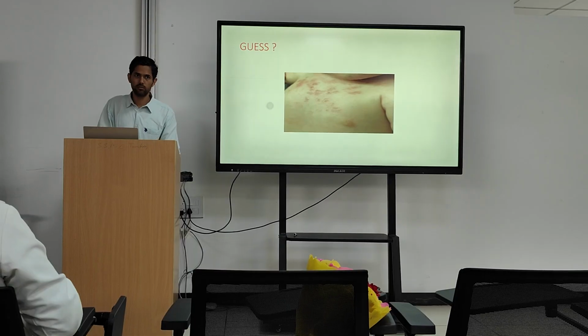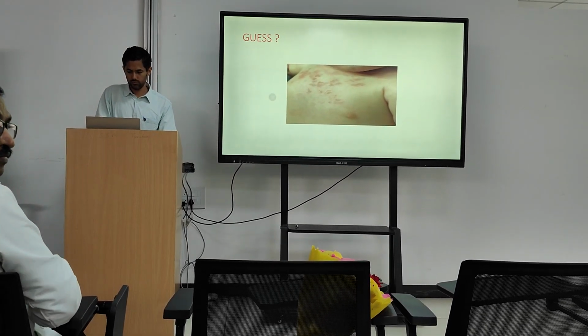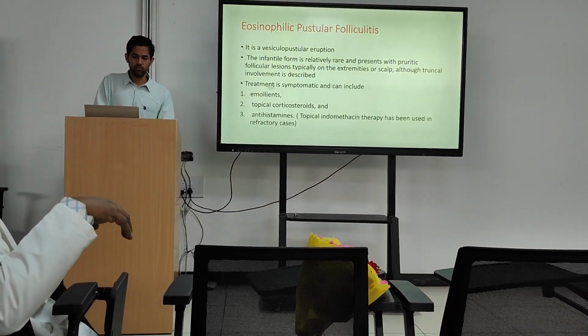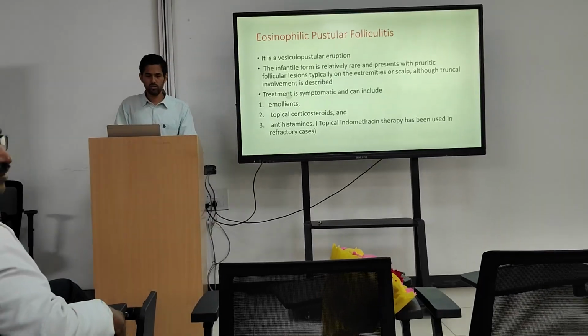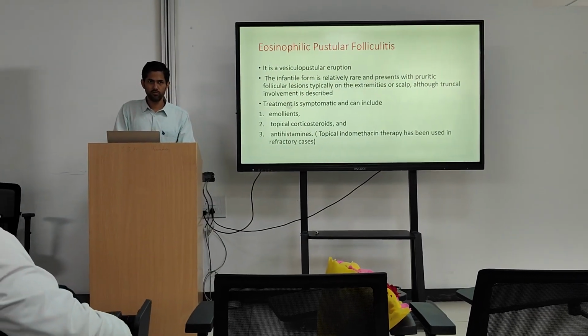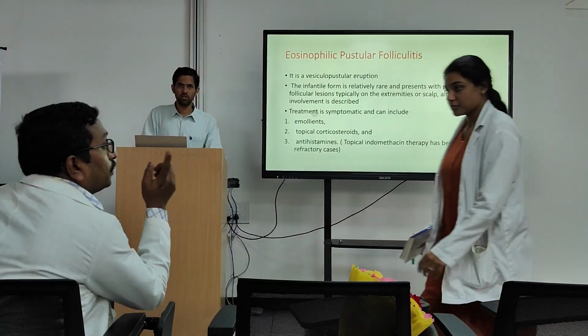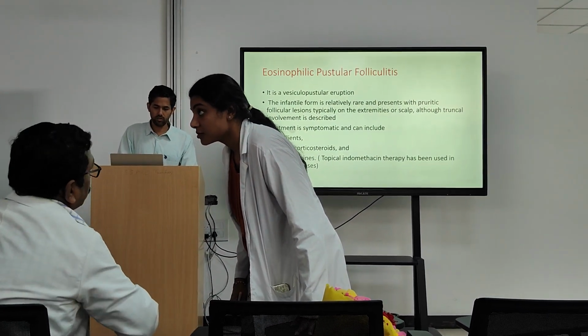What is this? This is eosinophilic pustular folliculitis. It is a vesiculopustular eruption, whereas in transient neonatal pustular melanosis, usually the rash is there but the pustules are not many. Here a vesiculopustular eruption will be there.